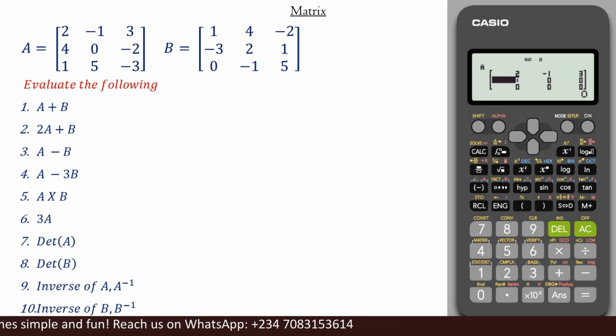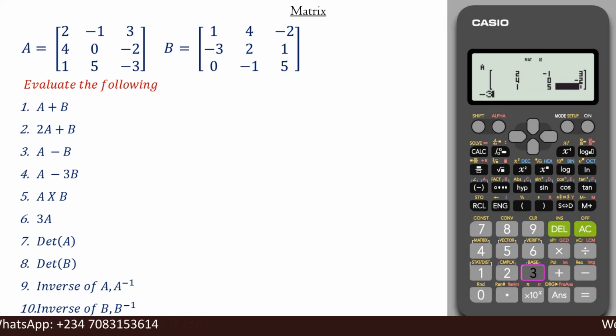Then the next one we have 4, then the next one we have 0, we say equal to, we have -2, we say equal to, we have 1, equal to, then we have 5, equal to, we have minus 3. Okay, yes. So now we have entered matrix A. Okay, are we together? We have entered our matrix A.